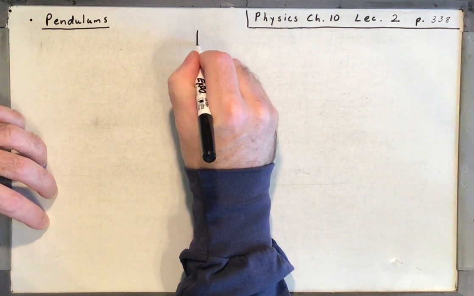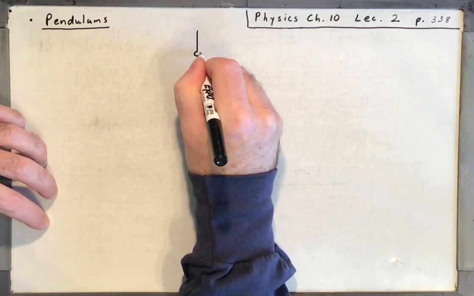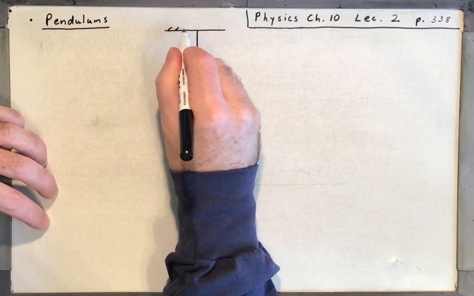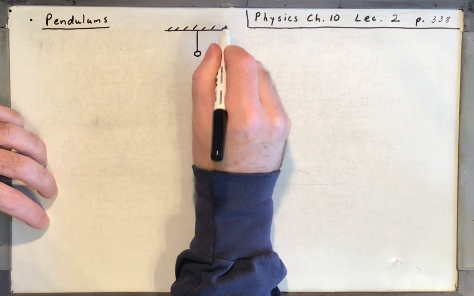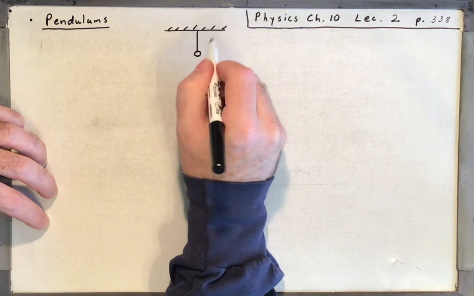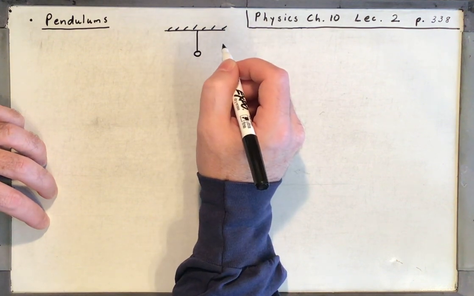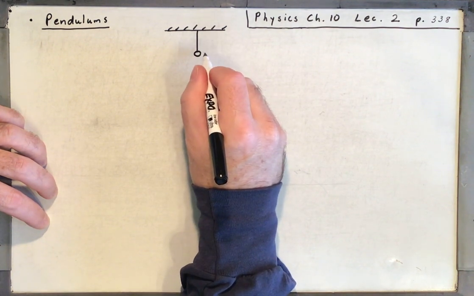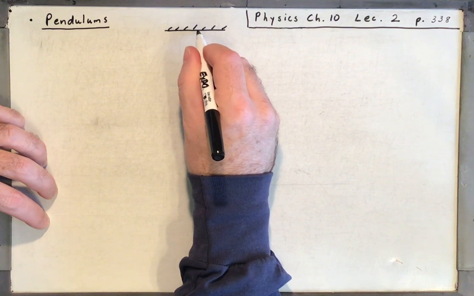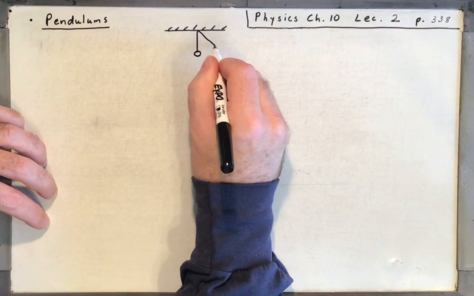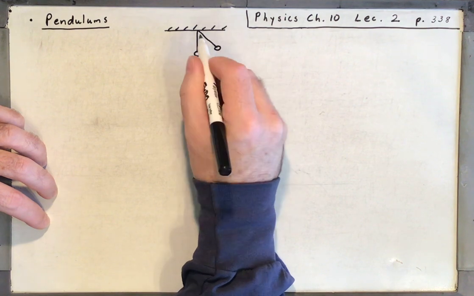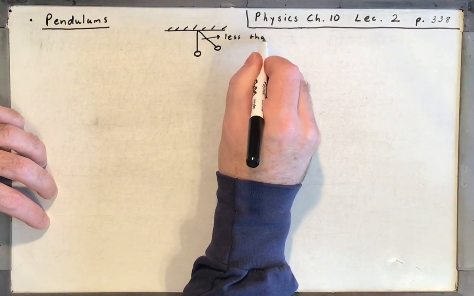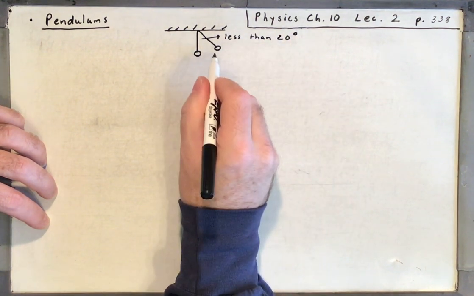But with a pendulum, of course, we have a mass attached to some sort of string or chain. This would be like the ceiling or the bar that it's attached to. So for a pendulum, if you were to pull it out, as long as the angle you pull it is less than 20 degrees, then it exhibits simple harmonic motion.